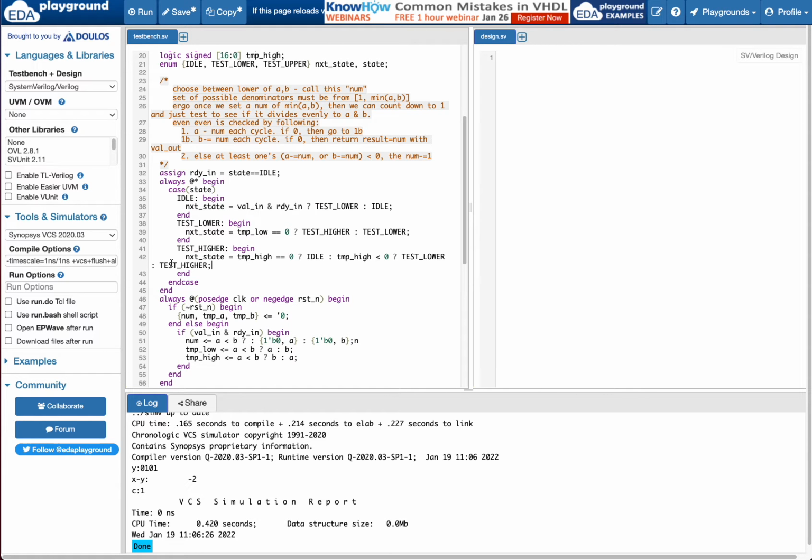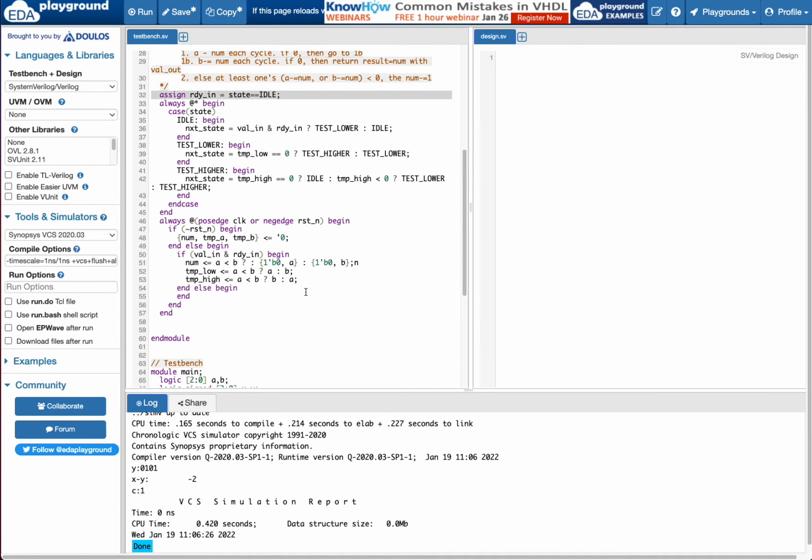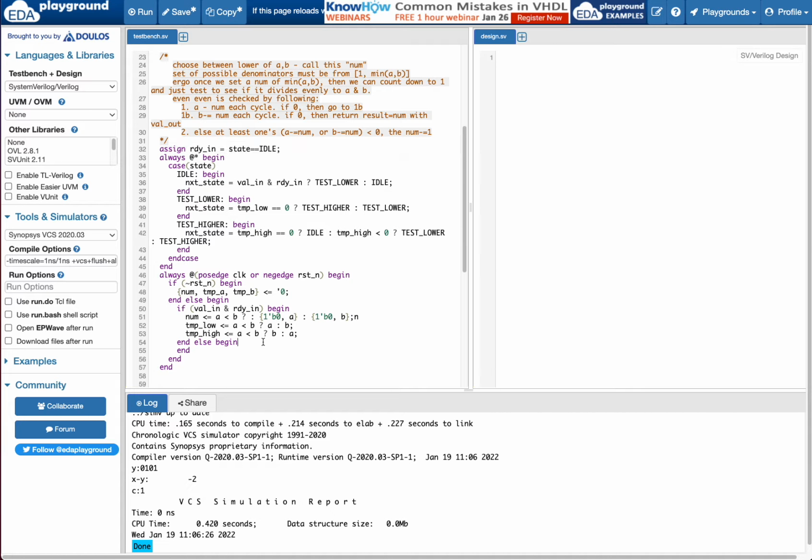And then otherwise, temp high is positive, which means we'll just keep subtracting. So this can only be possible in idle state because of this. So then let's handle the test lower case.